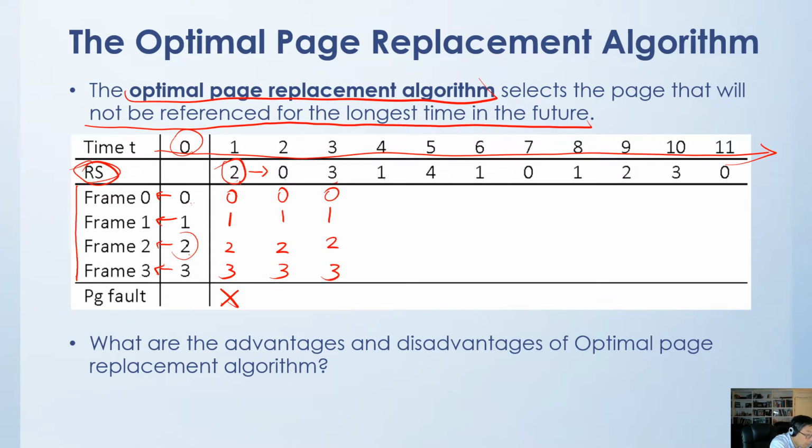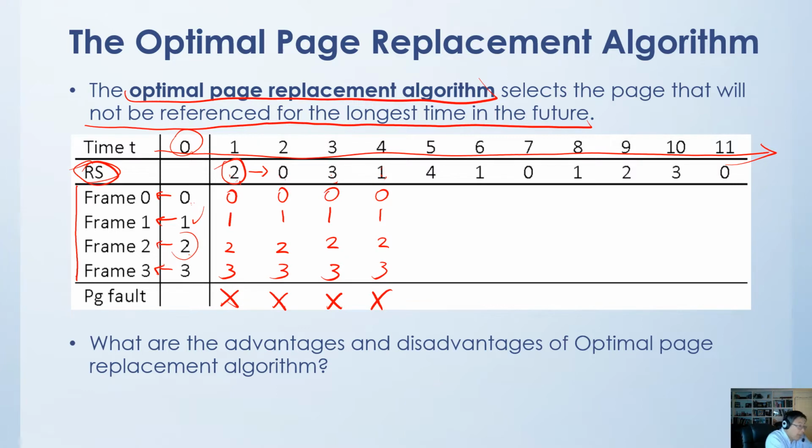Now what about page 1? Yes, page 1 is in the physical memory, right? So for the first 4 page references, there's no page fault because all these pages, 2, 0, 3, 1, are already loaded into the physical memory.